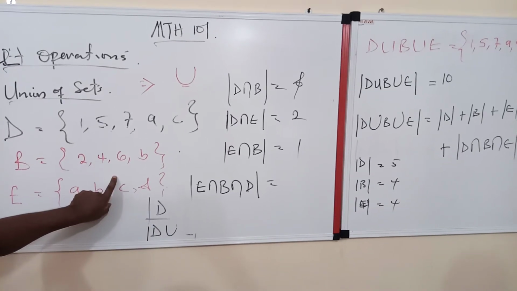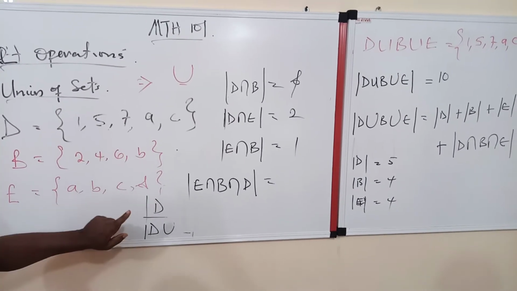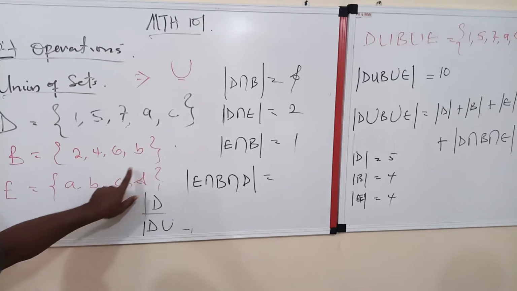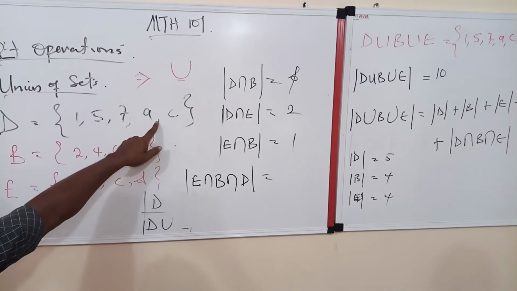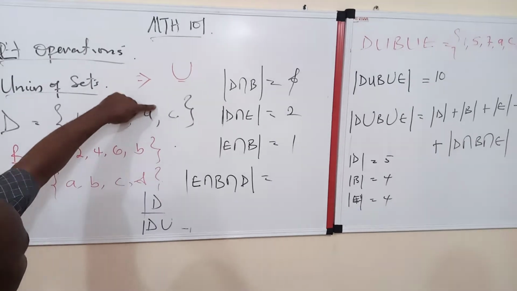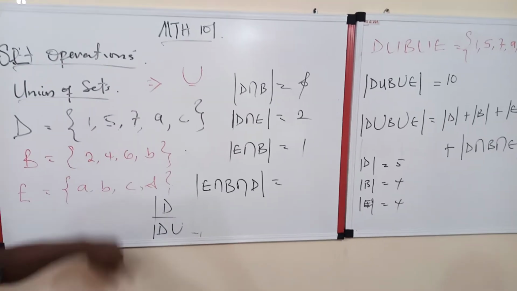So let's concentrate on the alphabet. There is just one alphabet there, and that is B. Here we have B, here we don't have B. But in this other one we have A, and we don't have A. So you can see that they don't have anything.